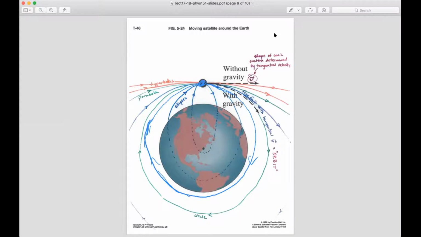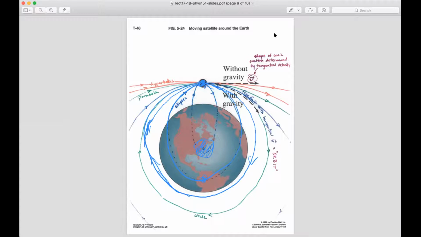Or suppose the Earth had the same mass, but it was more compact, that we were able to crunch it into a much smaller spot. Then if we launched our cannonball from the same location, it would execute an ellipse like this, where it has a near side and a far side compared to the center of the Earth.